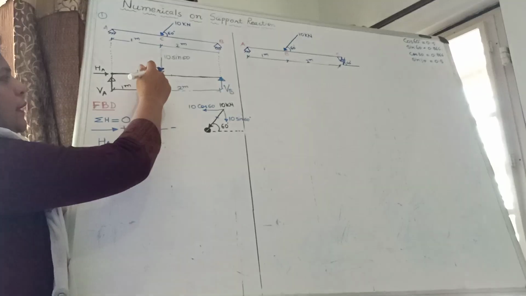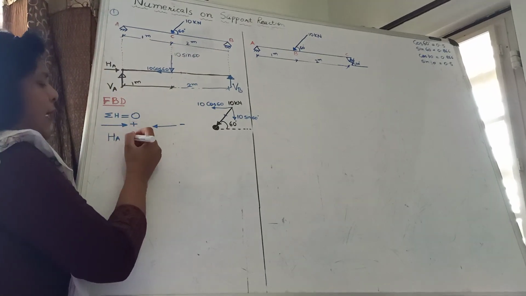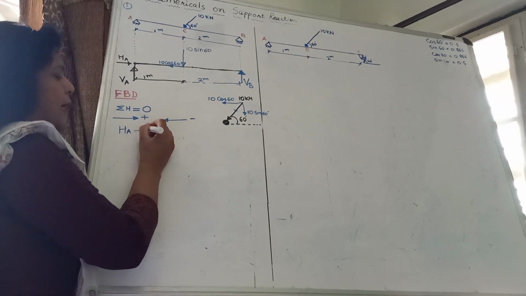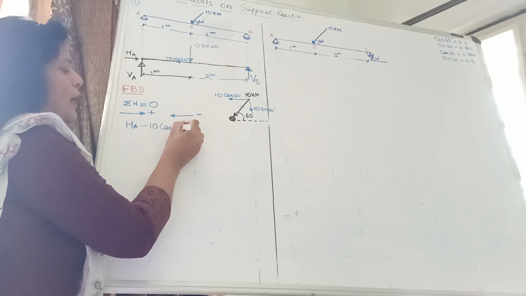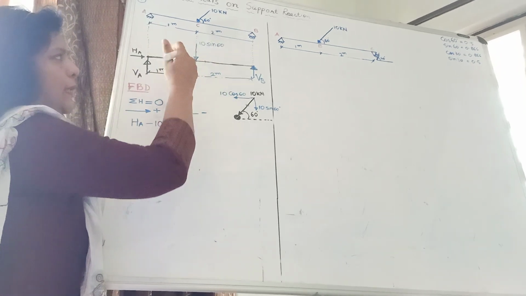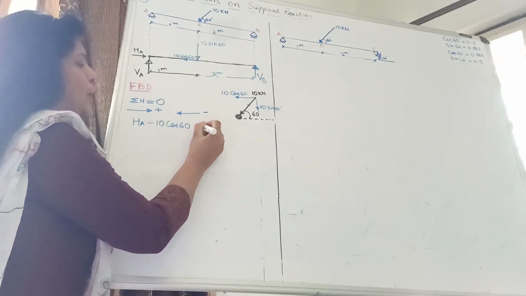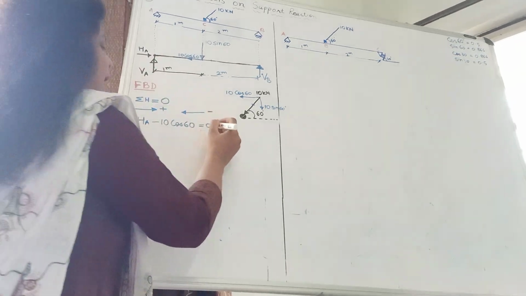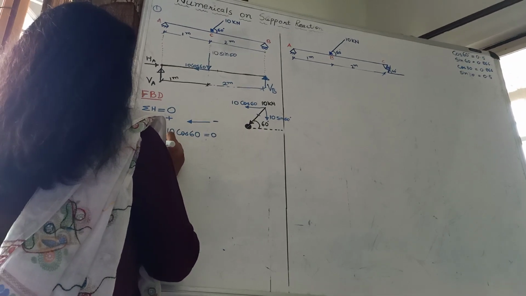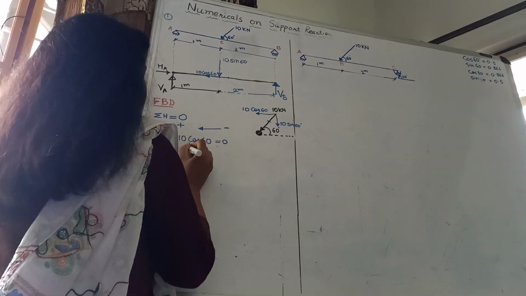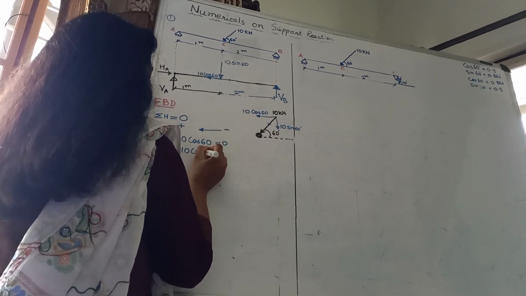Then 10 cos 60 is moving towards the left side, so we will consider it as negative. And there is no other horizontal force on the system, so that is equal to 0. So we get HA is equal to 10 cos 60.